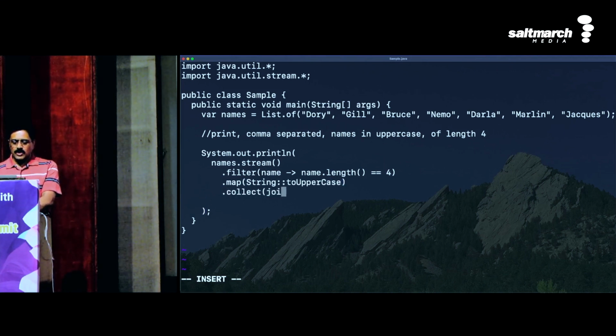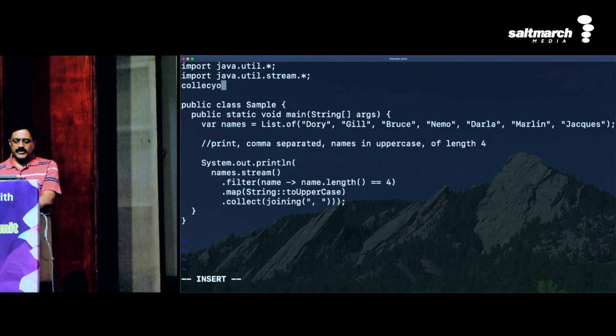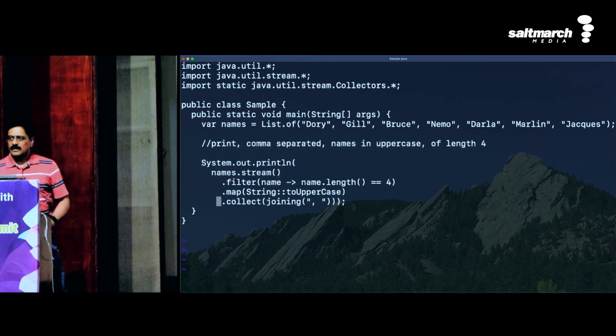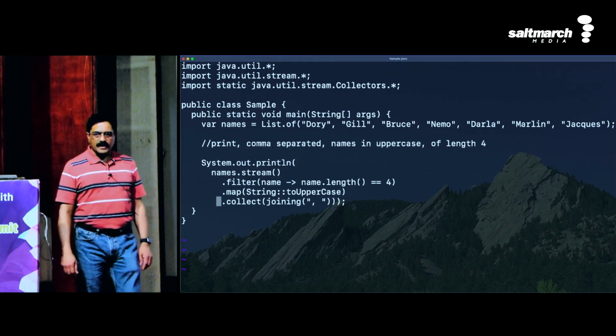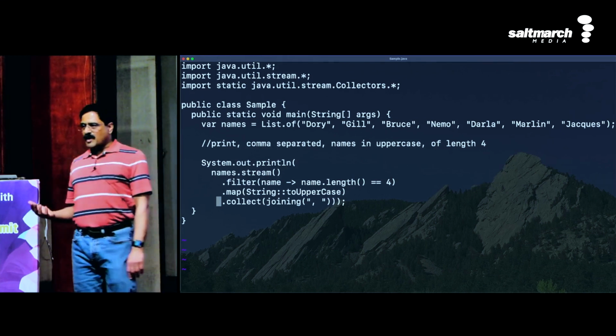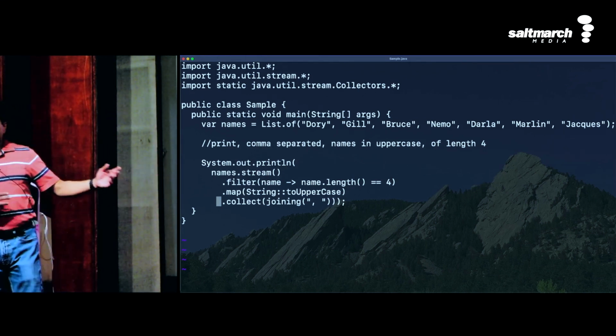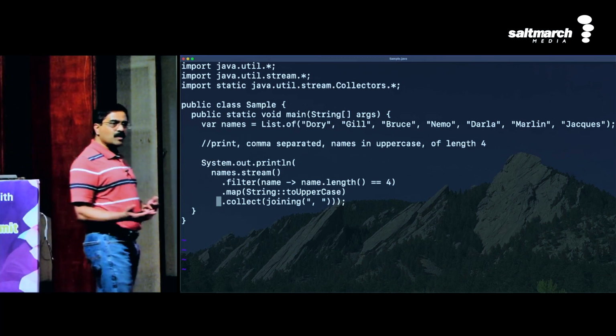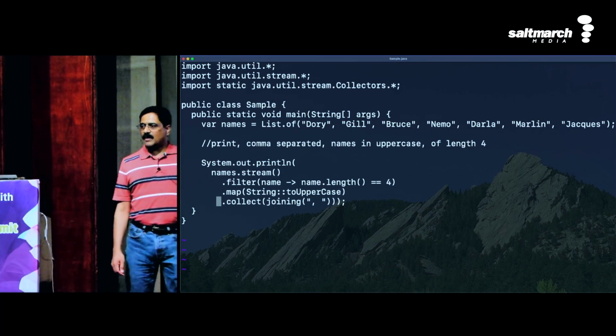Collect, joining using a comma, where we bring in the Collectors. Very easy, isn't it? Code reads like the problem statement. Given the names, get me the names of length 4, transform them to uppercase, join them with a comma.